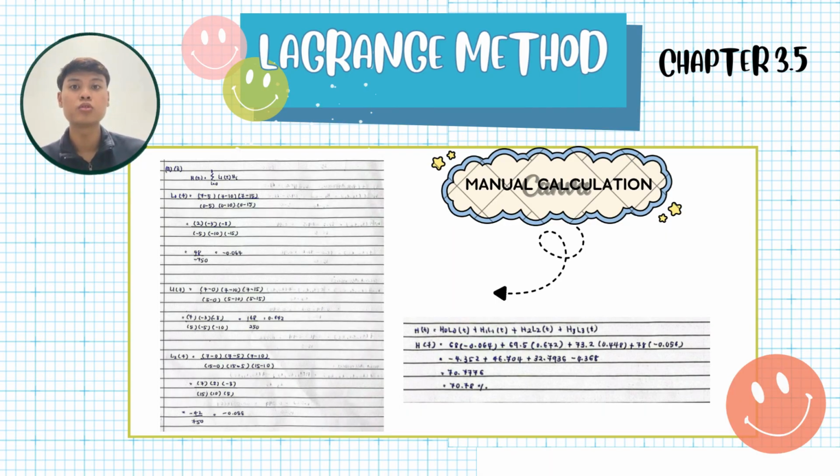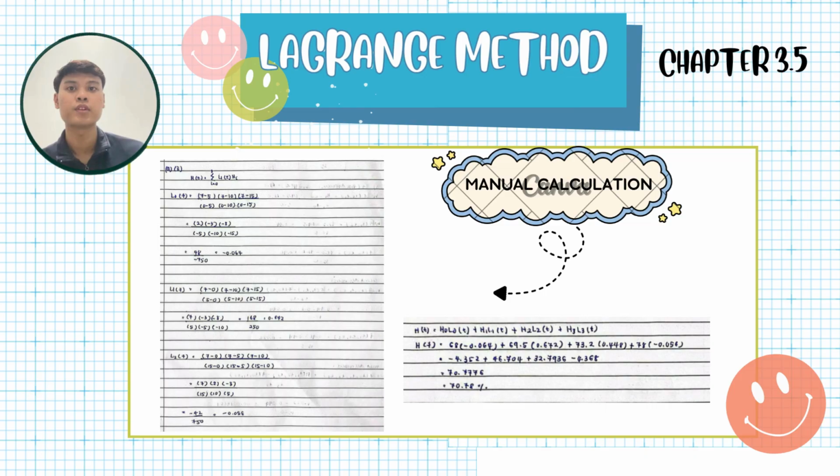Okay, I go to the next section, the Lagrange method for the manual calculation. For the second manual approach, we used the third order Lagrange interpolation method. This method constructs basis polynomials L0, L1, L2, L3 directly from the chosen data points. Each basis polynomial is multiplied by its corresponding humidity value, and then all terms are combined to form the interpolation polynomial.